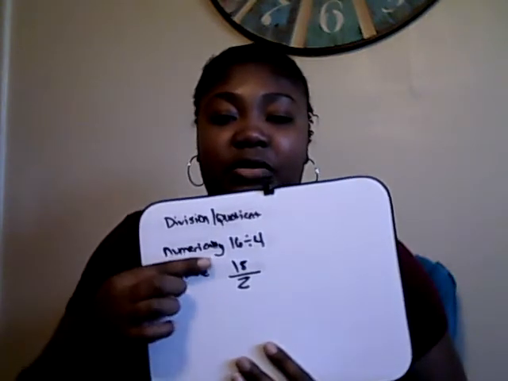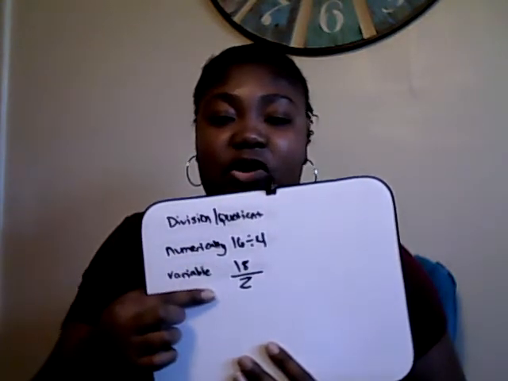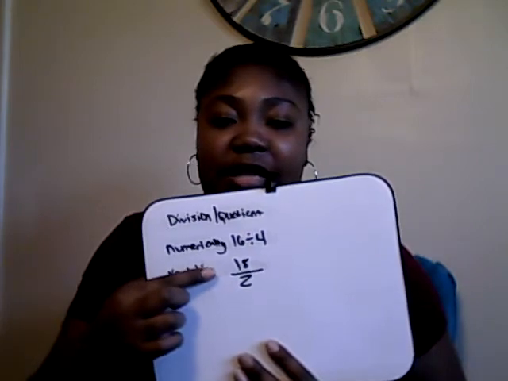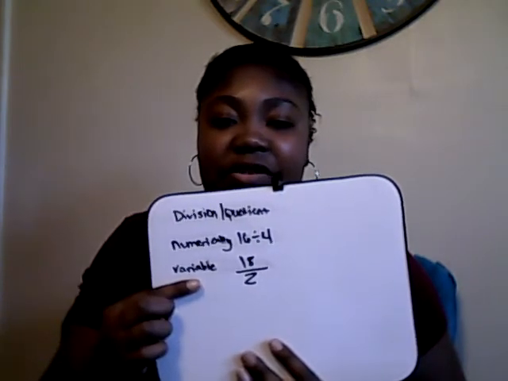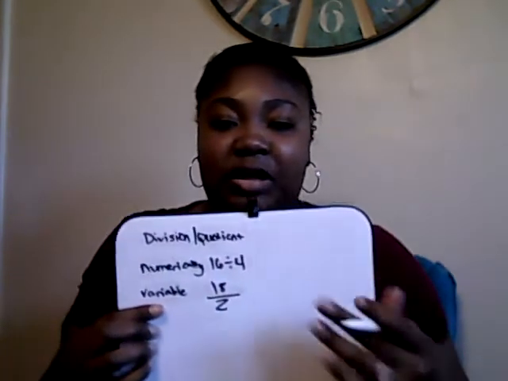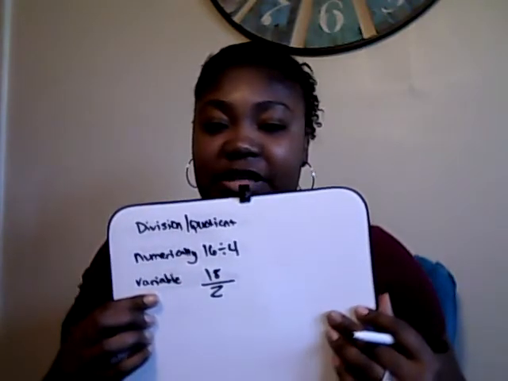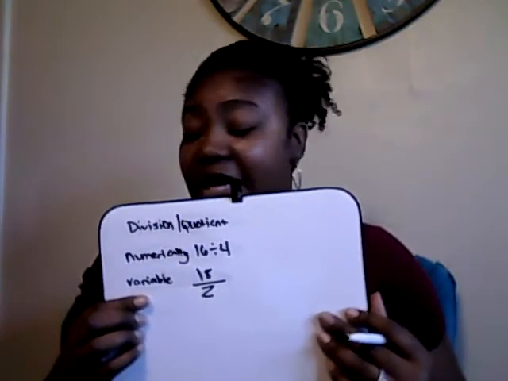But with the variable, it will be written like this: the number, which is 18, over Z. You see the line that lets you know it means division or quotient. So they're both the same thing, just written a little bit differently. Same meaning.